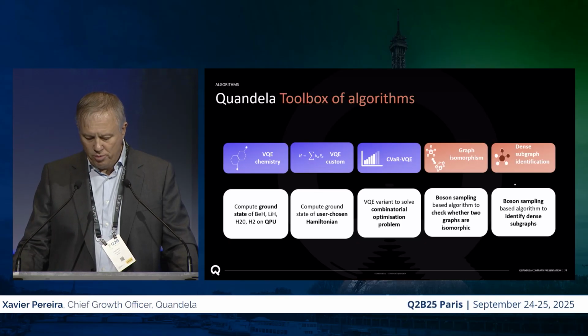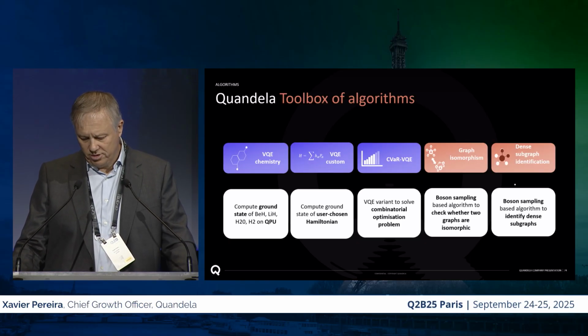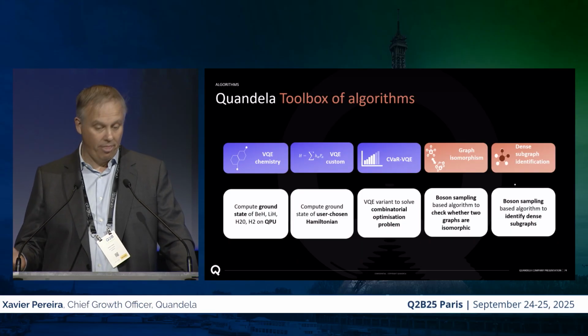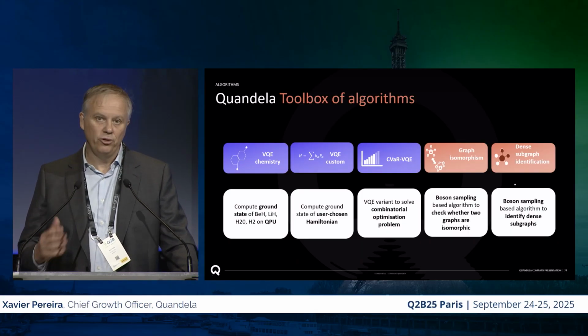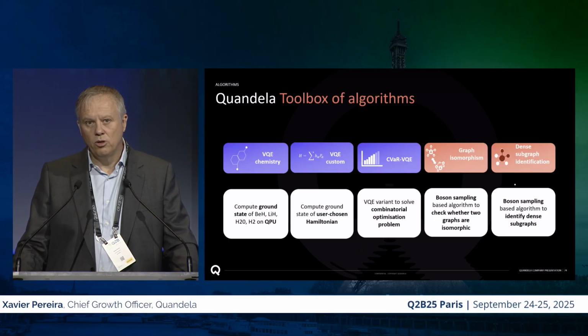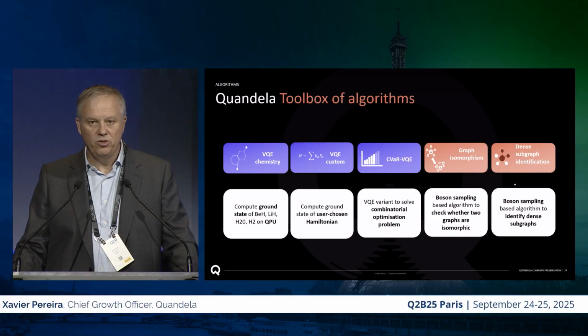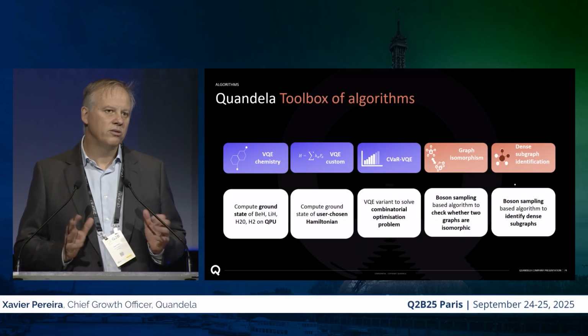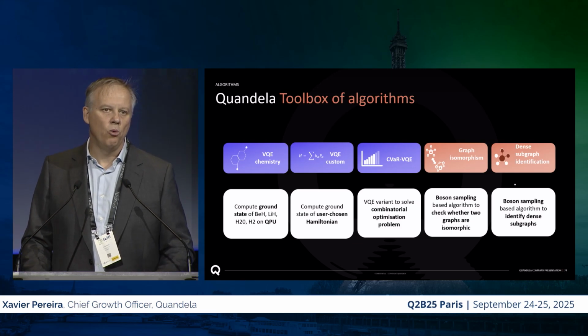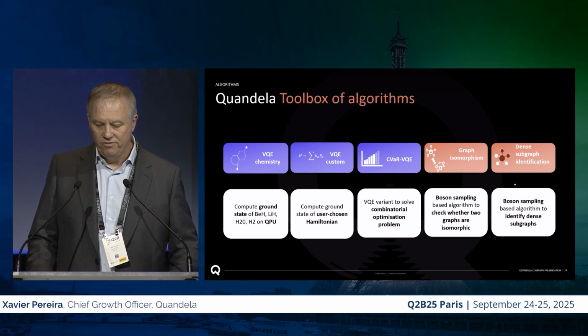In optimization, you may know CVaR-VQE variants, tailored for combinatorial problems. And in graph theory, we leverage photonic native primitives like boson sampling, so we can do graph isomorphism or dense subgraph identification. And that toolbox is really the first attempt for us to build a reality in the world of utility.